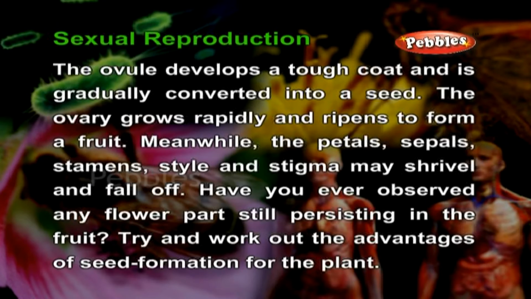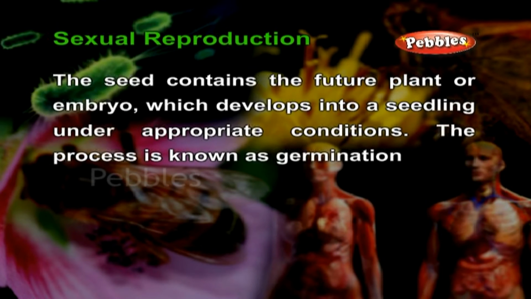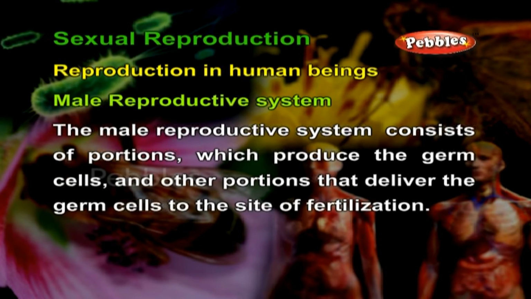Have you ever observed any flower part still persisting in the fruit? Try and work out the advantages of seed formation for the plant. The seed contains the future plant or embryo, which develops into a seedling under appropriate conditions. The process is known as germination.